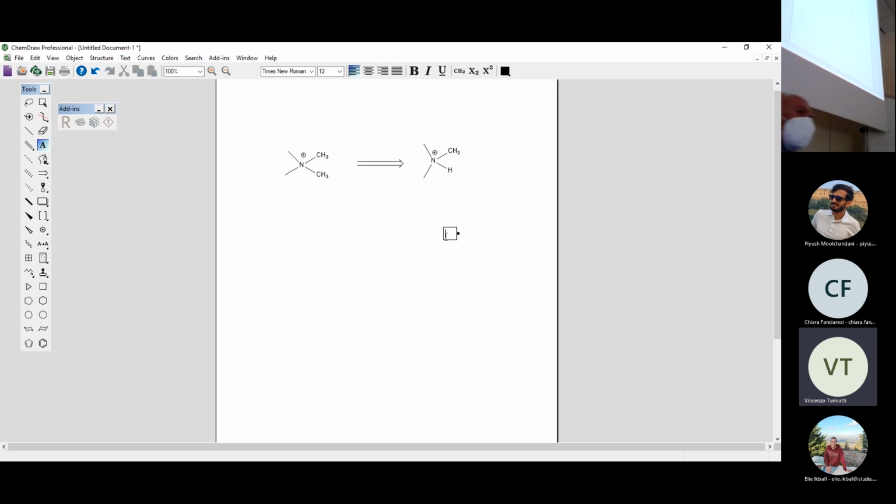So once again, we can say that the neutral, uncharged form is necessary to cross the blood-brain barrier, but the active form is the positively charged form.